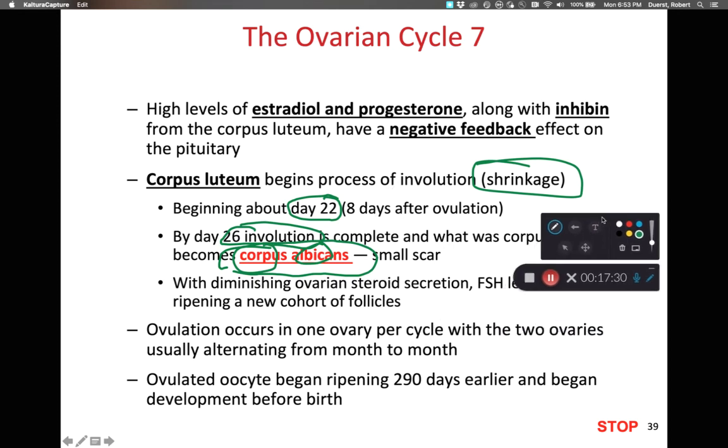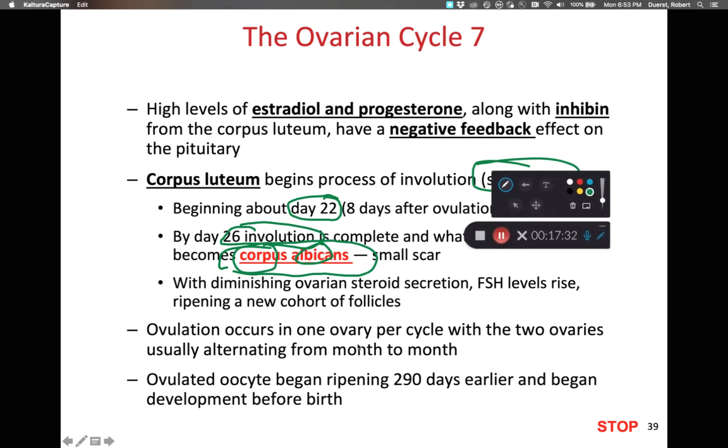Now, this ovulation that occurs per cycle is typically going to alternate from one ovary to the next ovary, so alternating left, right from month to month. Occasionally, though, we can have two ovulations occur within the same monthly cycle, but that is an exception.